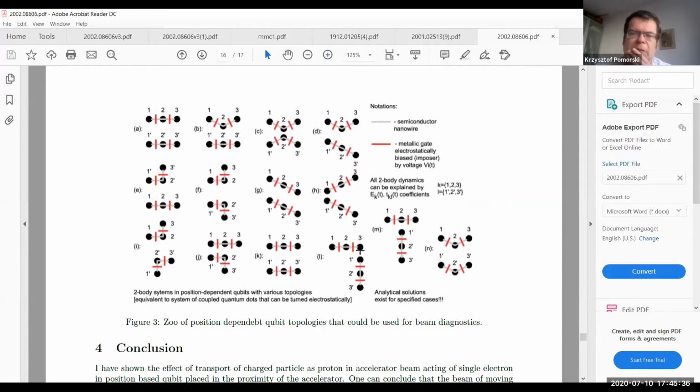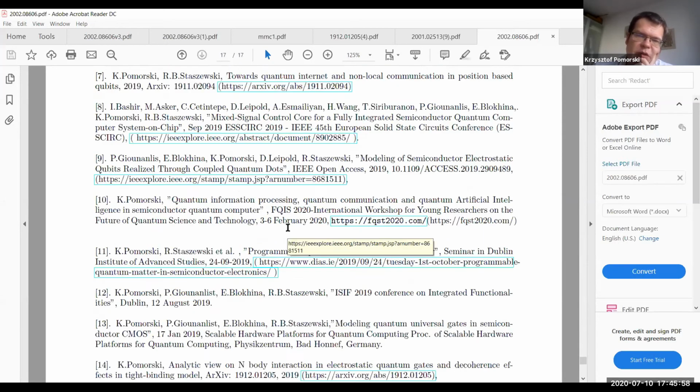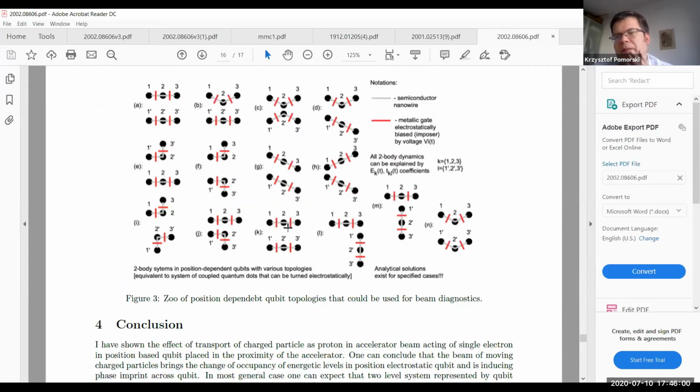This formalism is quite powerful because it is very simple. Obviously you can extend it further to a more detailed picture, but at least a first insight can be obtained simply by this tight-binding model.